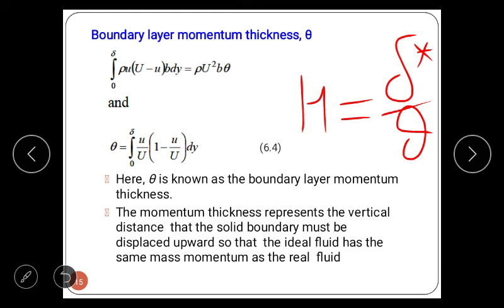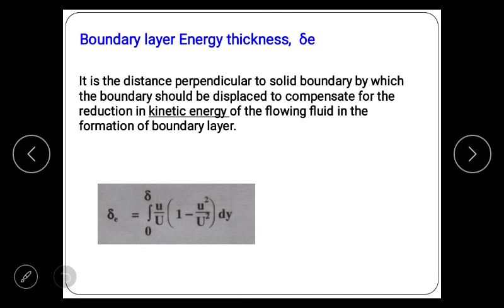And the last definition in the boundary layer formation is boundary layer energy thickness. First we discussed boundary layer thickness, then boundary layer displacement thickness, then boundary layer momentum thickness, and last is boundary layer energy thickness. It is denoted by delta suffix e, and the definition is formulated in the same form so that we can remember one point and the other definitions are easy to remember.